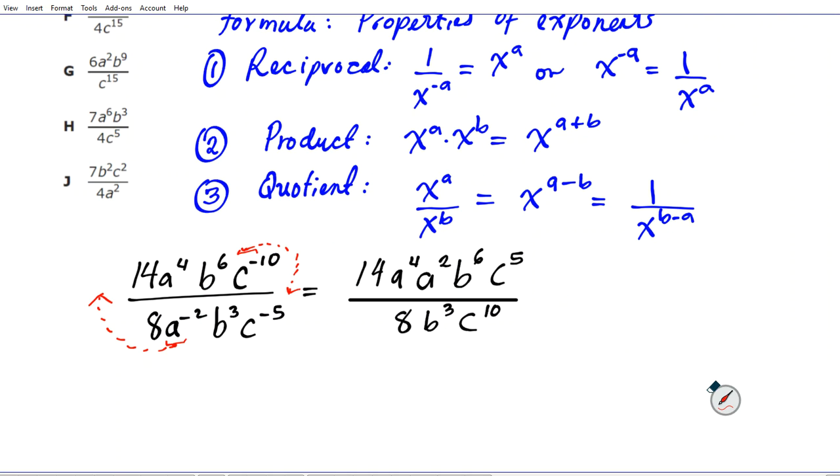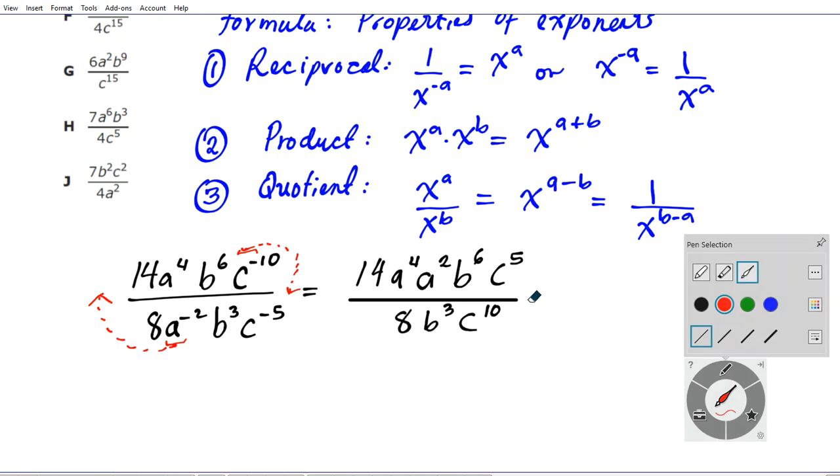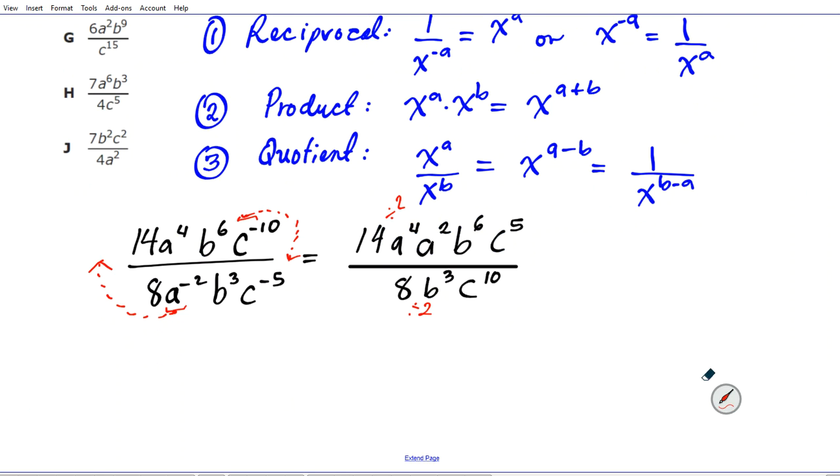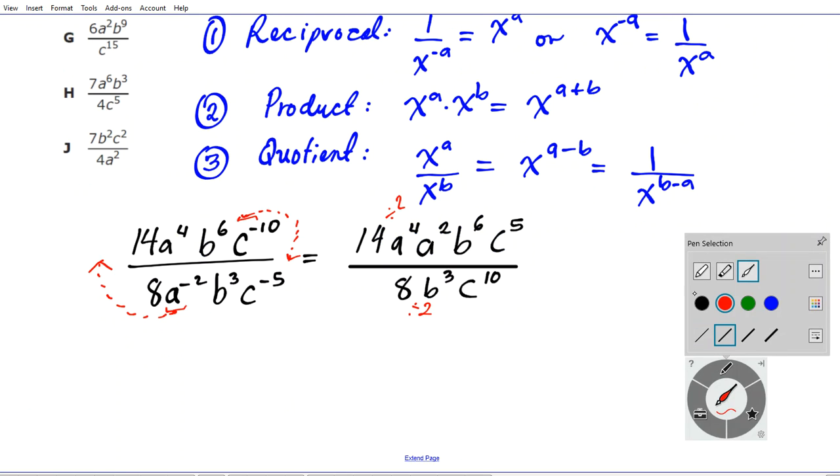Now we're going to go ahead and apply the product property and the quotient property of exponents simultaneously. But another thing to note is that 14 and 8 have a common factor, which is 2, so we divide by 2. We're just reducing the numbers. So 14 divided by 2 is 7.